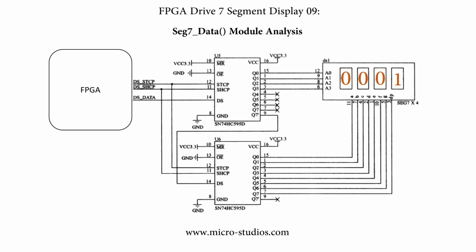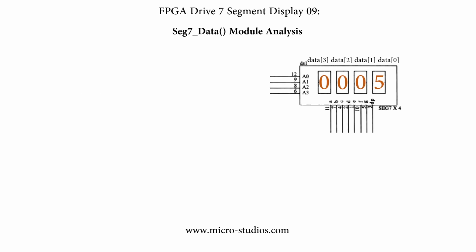After 1 second, it will show 001, 002, another second, 003, 004, and 005. So you will see here, there is 4-bit data showing on the segment display, and so we will have one data array to remember each bit data.